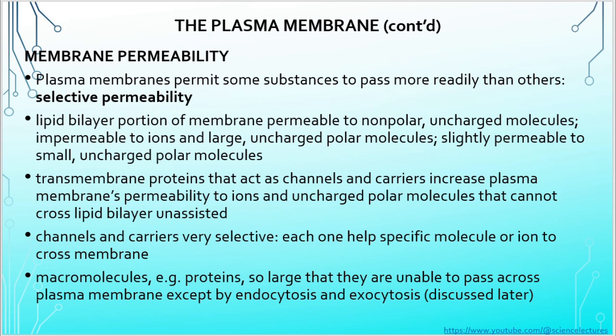It is also slightly permeable to small, uncharged polar molecules such as water and urea. Urea is a waste product from the breakdown of amino acids. The slight permeability to water and urea is an unexpected property since they are polar molecules.